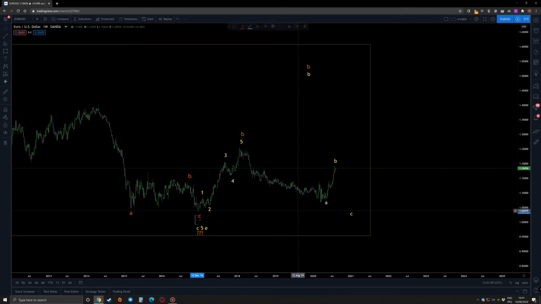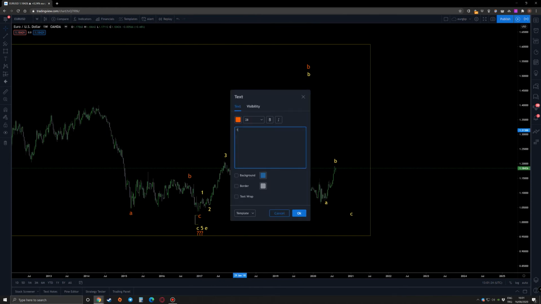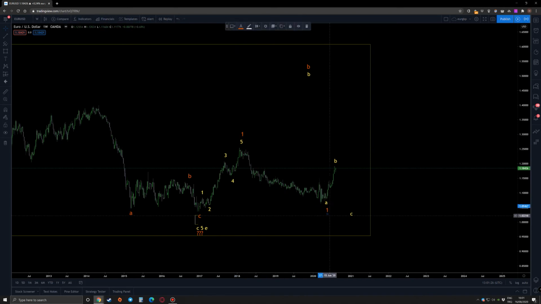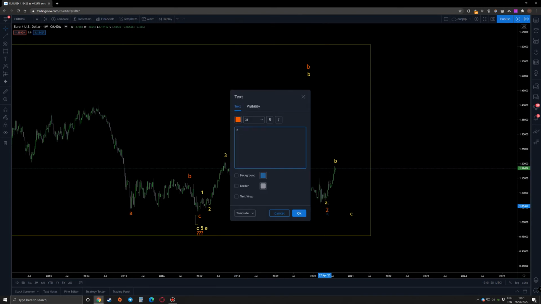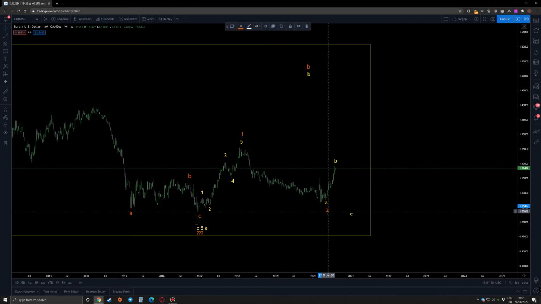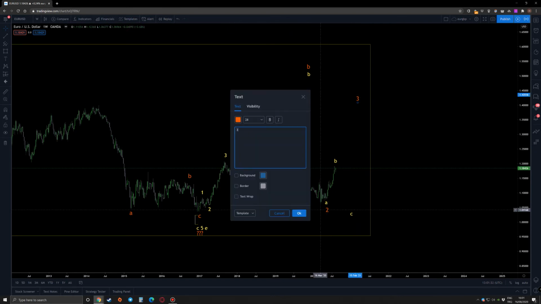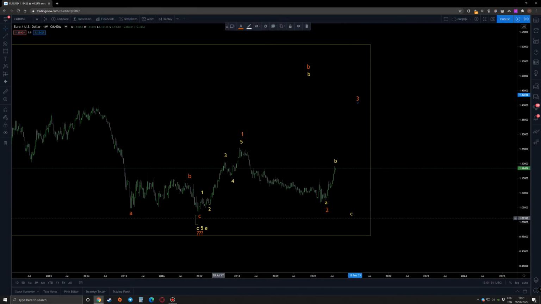I'm not saying it is like this, by the way. Then what is this move? Then it has to finish something here, and then another wave starts. If this was an impulsive move, and let's say this is a wave A as an impulsive move, or as a wave 1, then this is a wave 2. You may think, well, then you're waiting for wave 3.